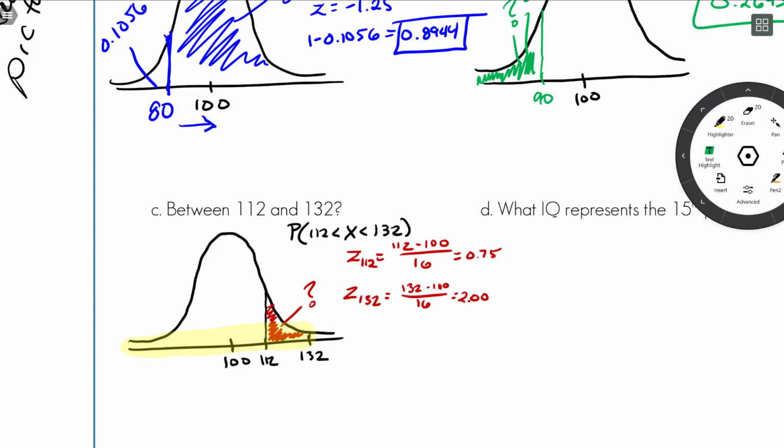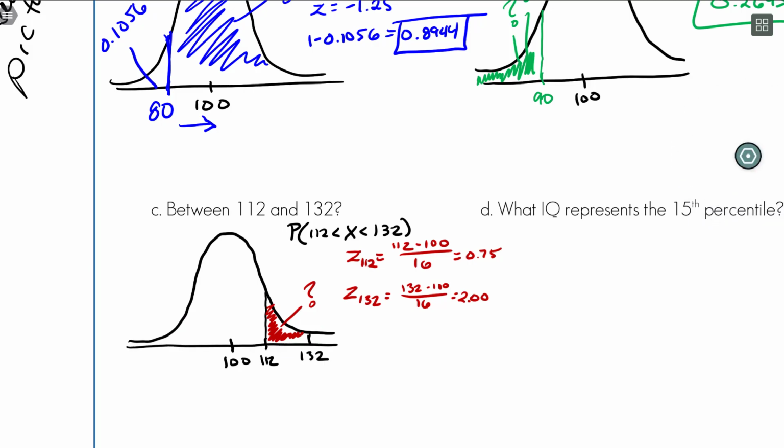Then we'll find everything to the left of 112. When we subtract those 2 proportions, those 2 areas, what are we going to be left with? Everything that's in red.